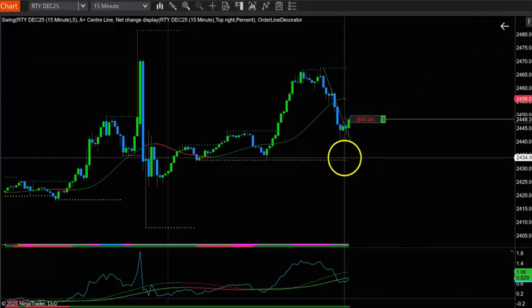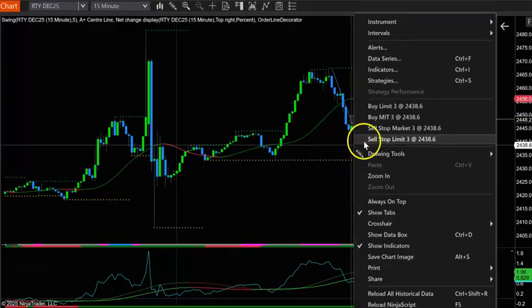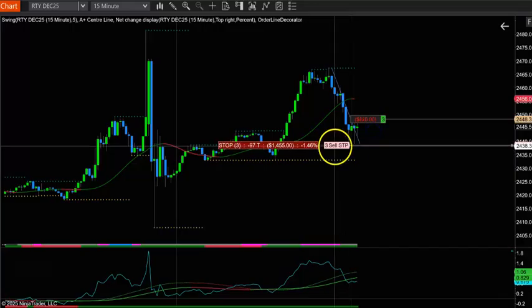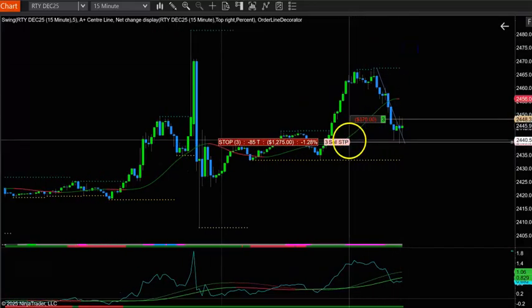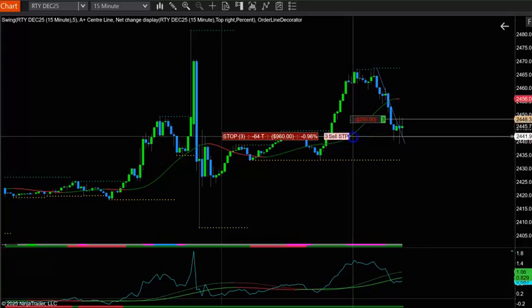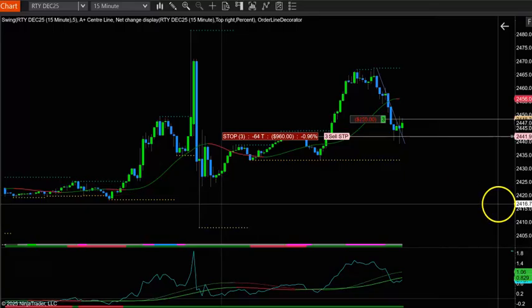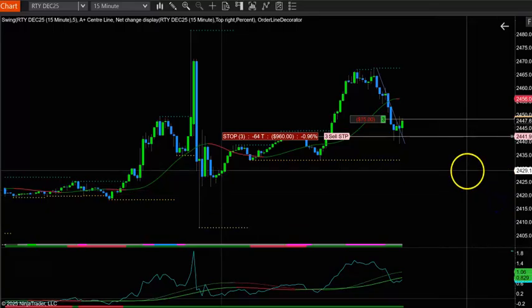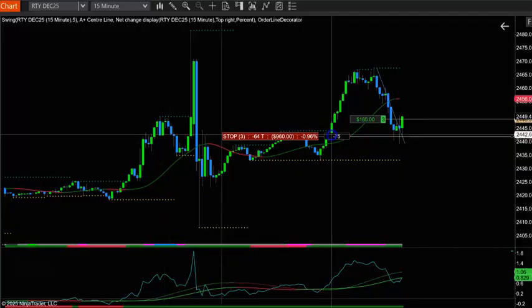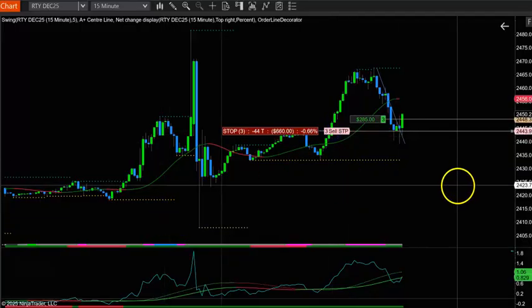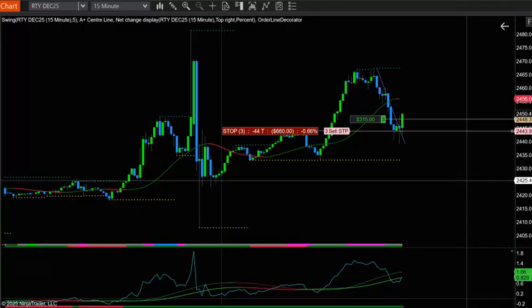All right, I'm going to go ahead and enter it there. Put a stop loss in here. Let's let it roll. Move our stop up a little bit.